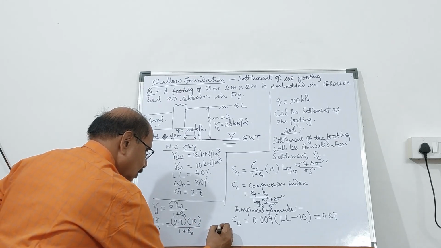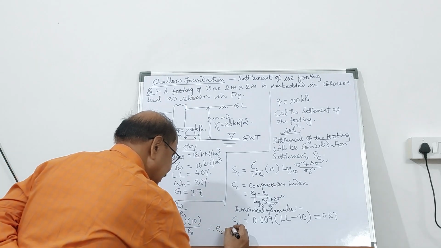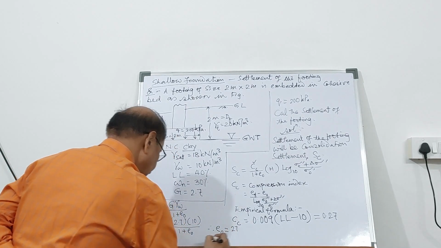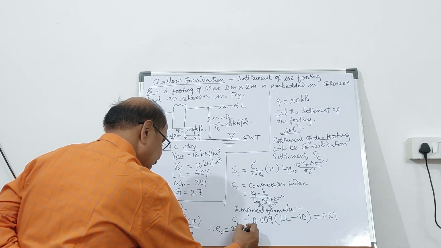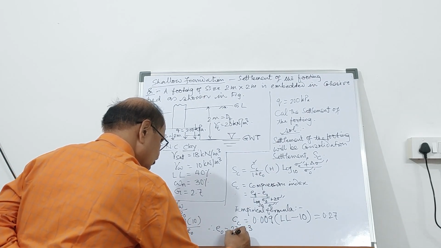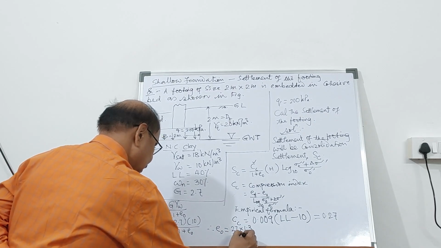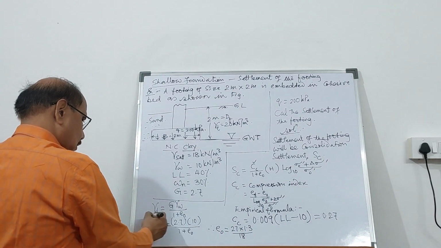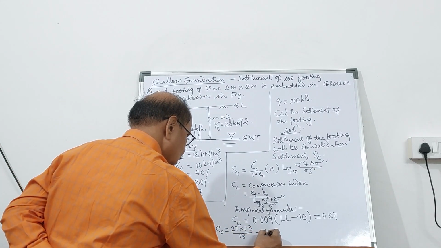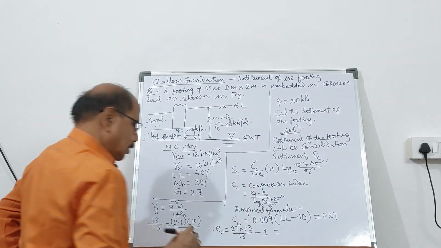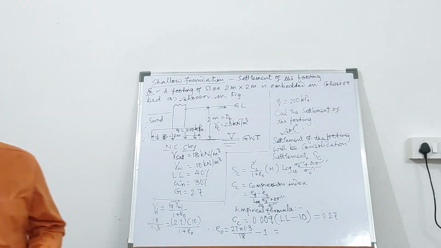Therefore, e naught is going to be 27 into 1.3 divided by 18, minus 1.